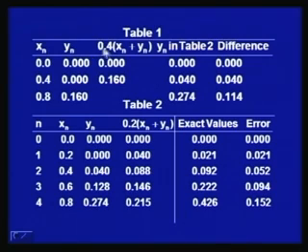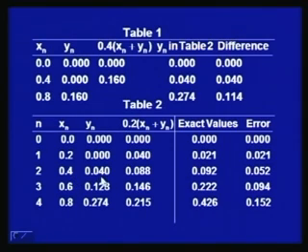And when we take h equal to 0.4, we see that y at 0.4 comes out to be 0, while y at 0.8 comes out to be 0.160. These are the values of y which we have found from table 2.